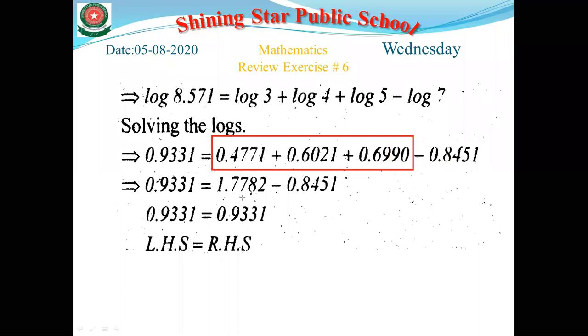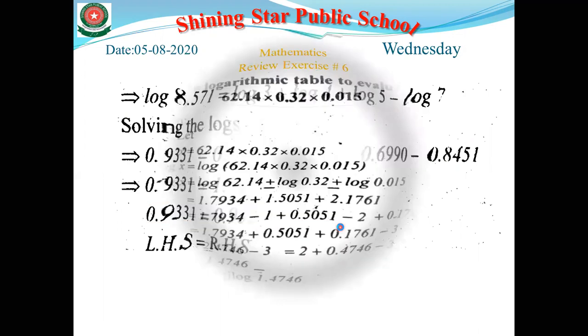So it will be 1.7782 and minus 0.8451. It is 0.9331 and here is 0.9331. So left hand side equal to right hand side. Hence proved. Very simple question. I hope you understand this question.